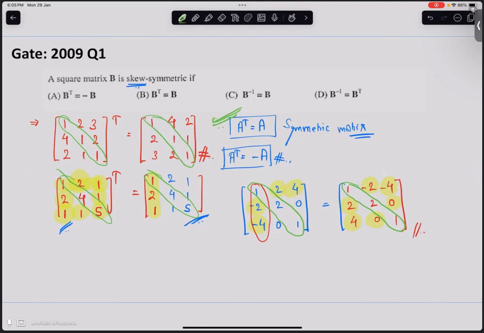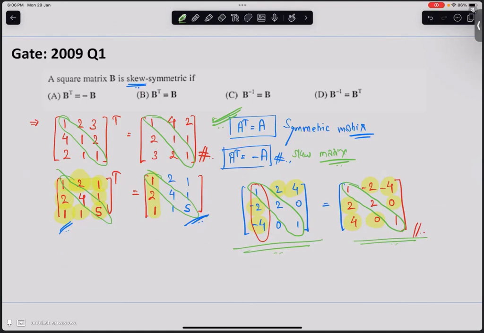In case of a skew symmetric matrix, they have a lot of value. So if you think, what is the possible value that we can give to these diagonal elements so that this matrix becomes a skew symmetric matrix?